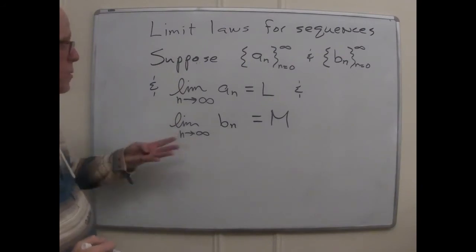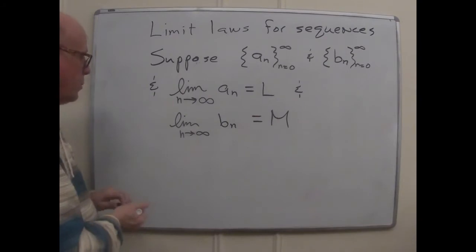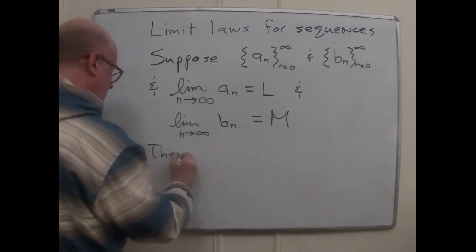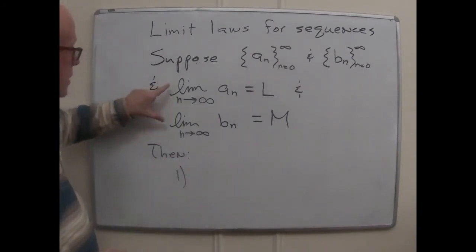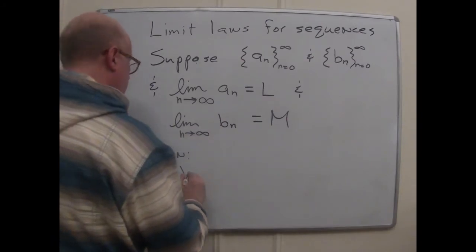Then the limit laws, well, the first couple of limit laws just talk about limits being linear in the following sense. There's 4 of these limit laws we're going to talk about, but the limit of a sum is the sum of the limits. That's how you say the first law.